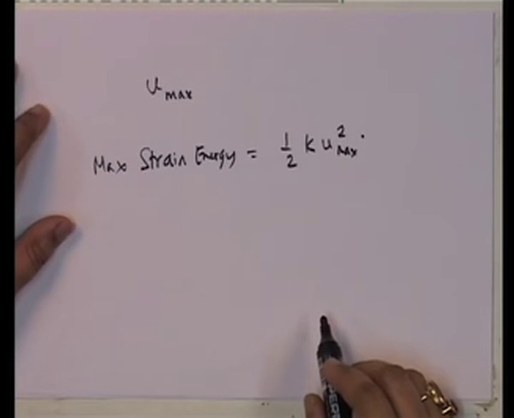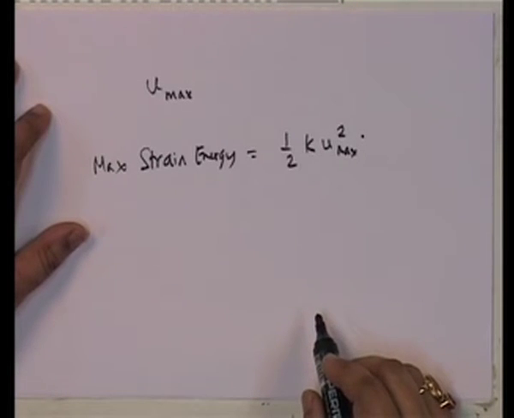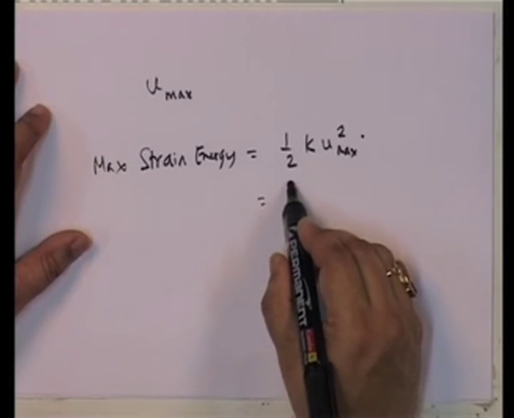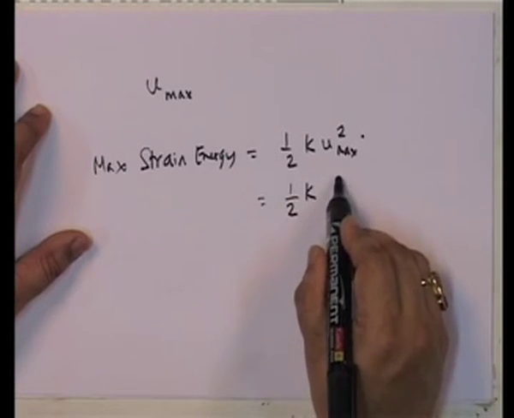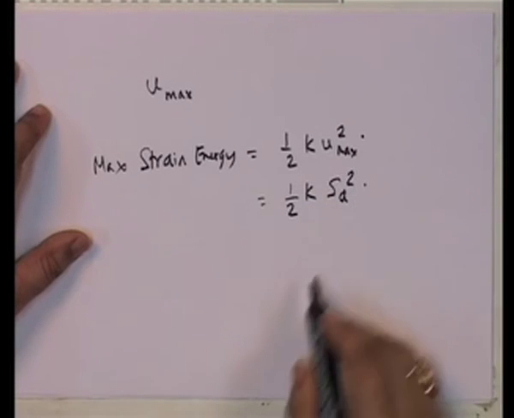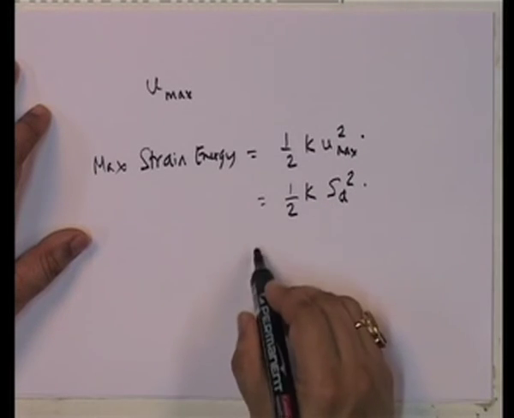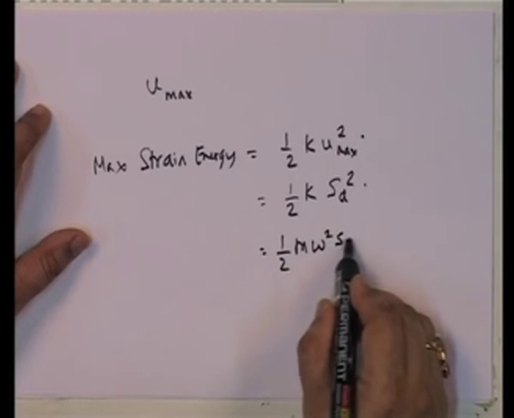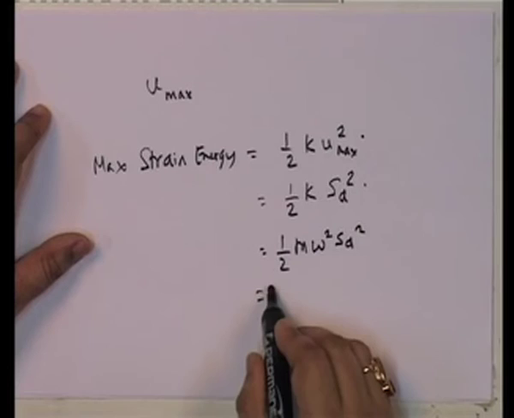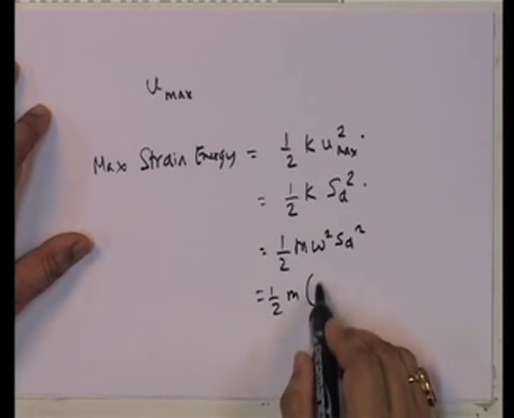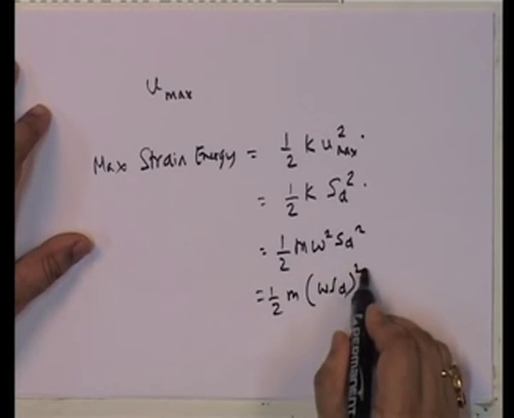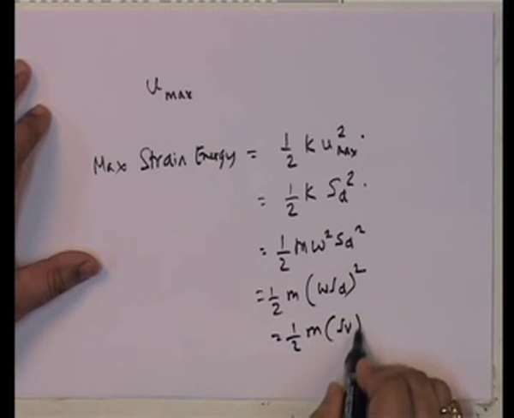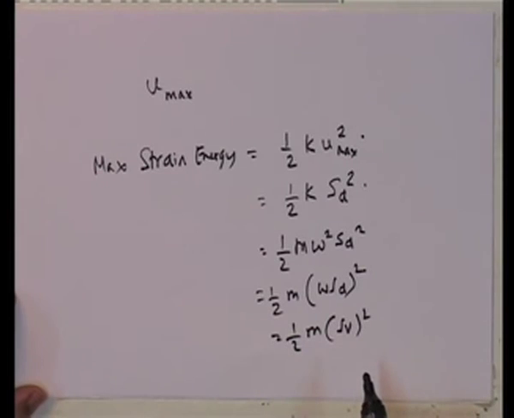Do you agree to this? Okay, that is the maximum strain energy stored, and so this is equal to half k S d squared, right? And what is k equal to? m omega squared. So, I will call this half m omega S d squared, and this omega S d I will call as S v squared. Okay.